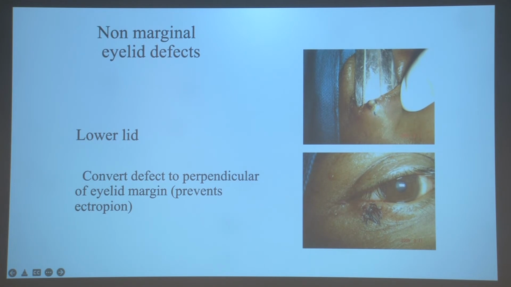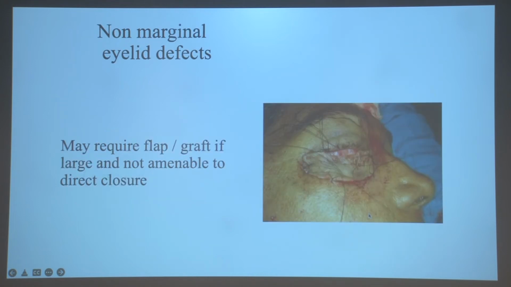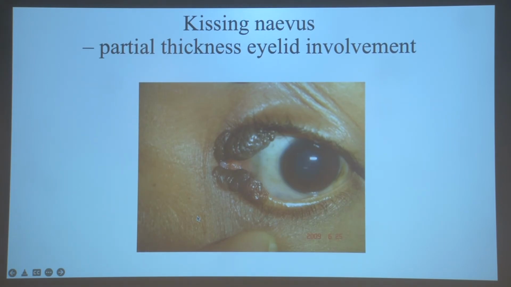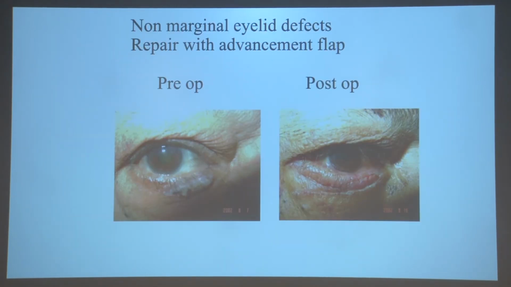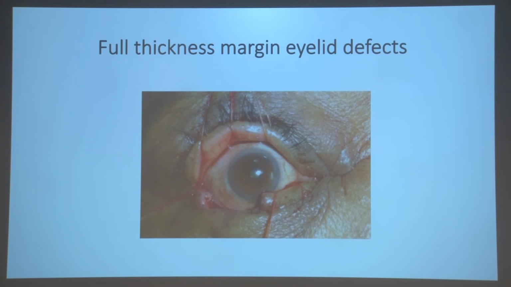So this would be removed as a vertical spindle and closed as such. But you do not want to leave any tension, so you may need flaps or grafts, like for this kissing nevus, where we have used a full thickness graft and an advancement flap for a defect in the lower lid.